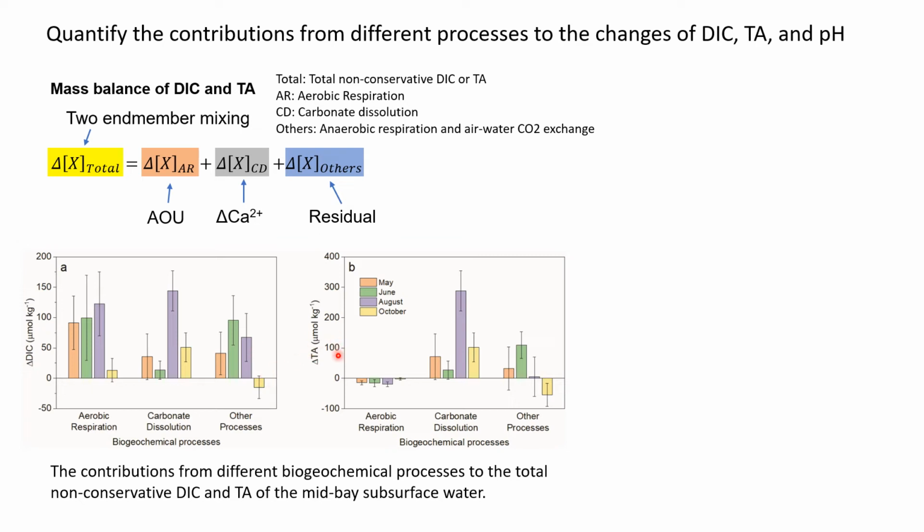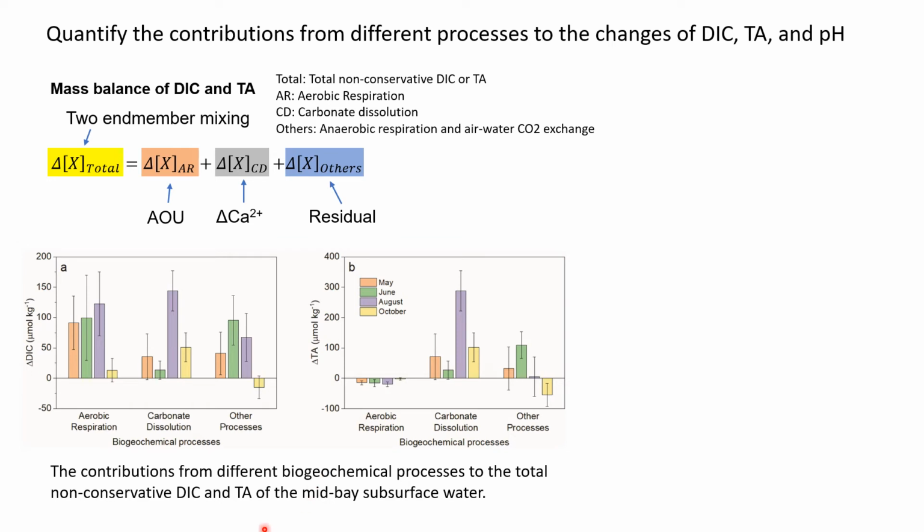For TA changes, carbonate dissolution is the most important process contributing to TA addition, reaching a peak value in August. Other processes played a secondary role in TA dynamics. Aerobic respiration had a limited effect on TA removal.